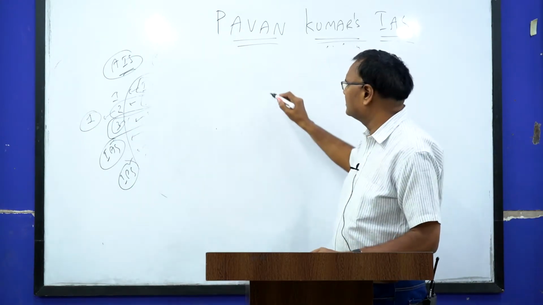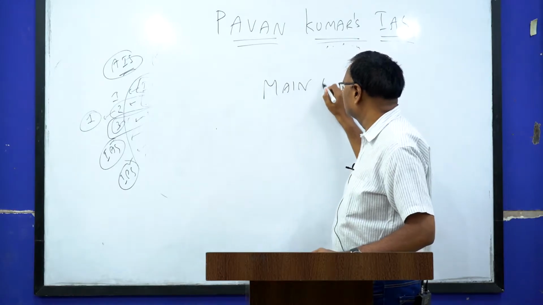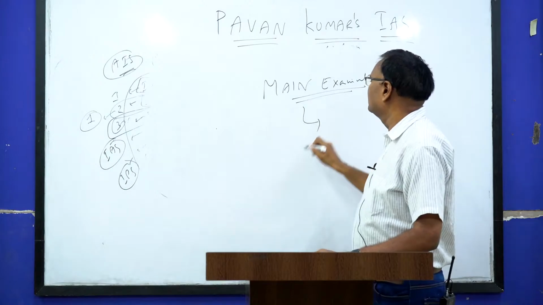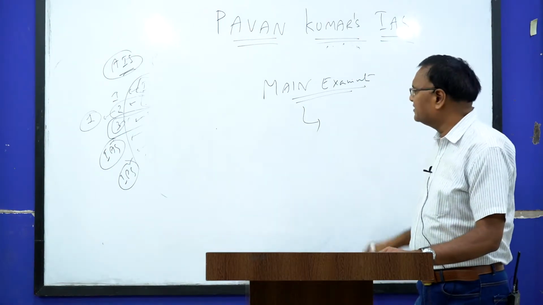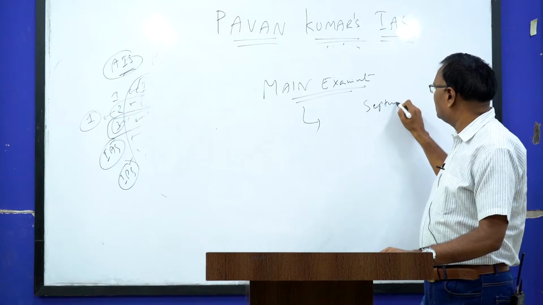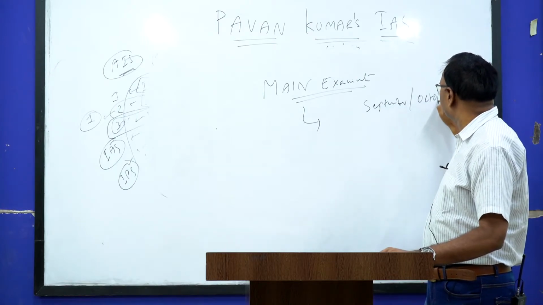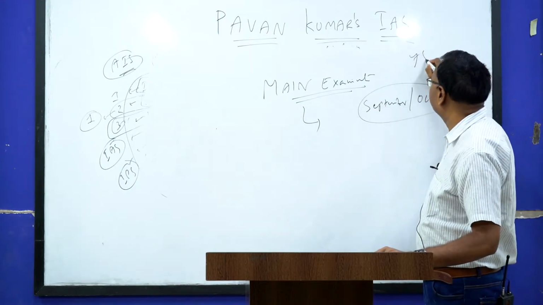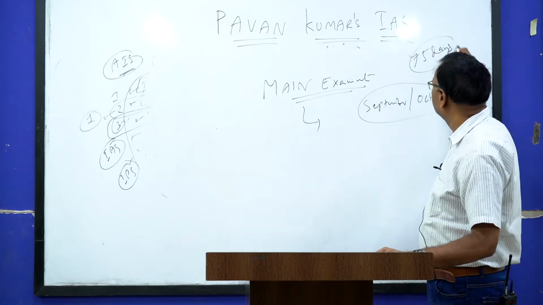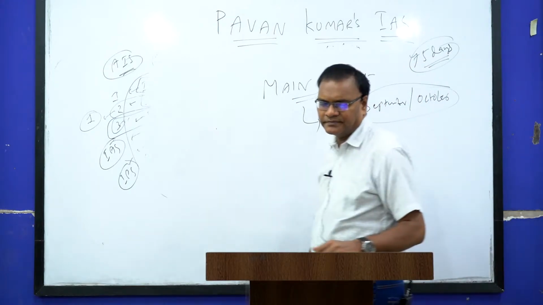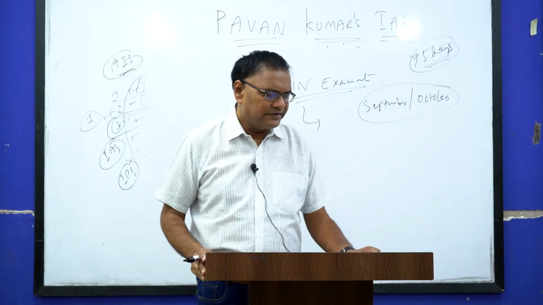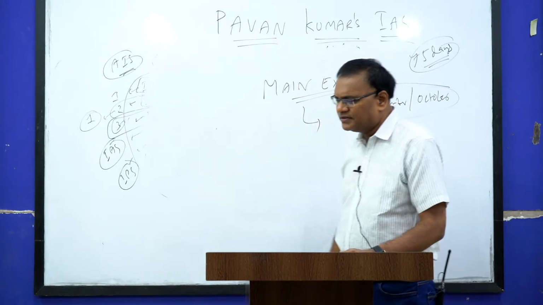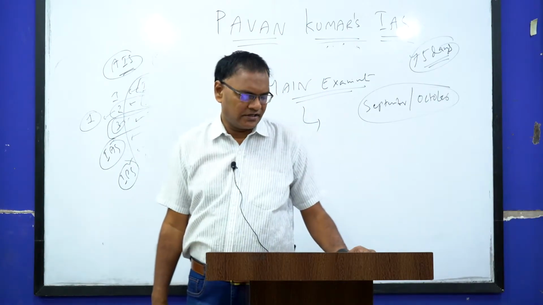The main examination is mostly conducted during the months of September or October. Normally, there will be a gap of around 75 days between the prelims and the main examination. After the preliminary examination is over, around 75 days the main examinations will be conducted.